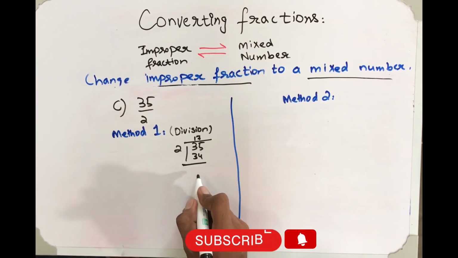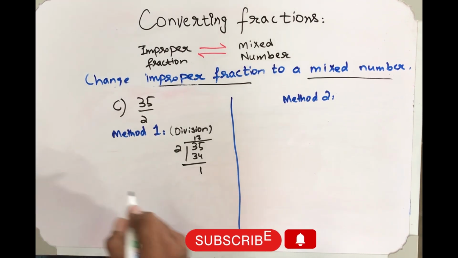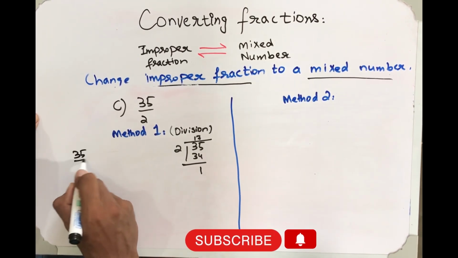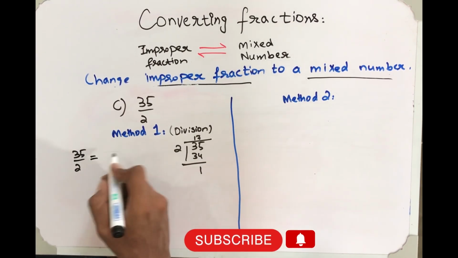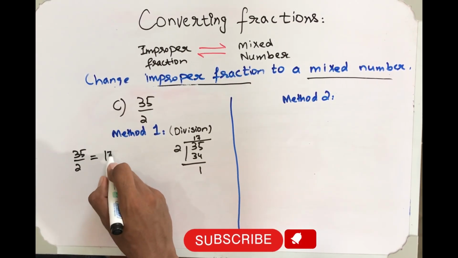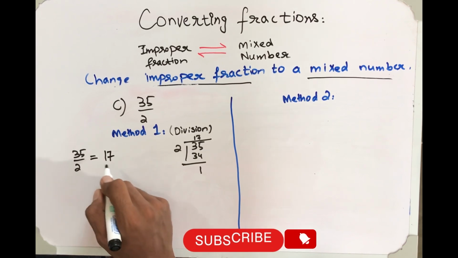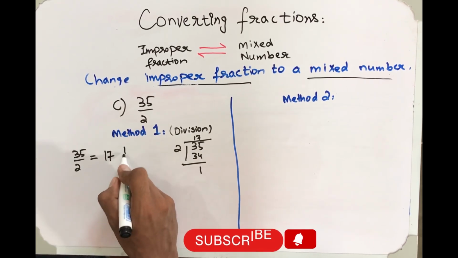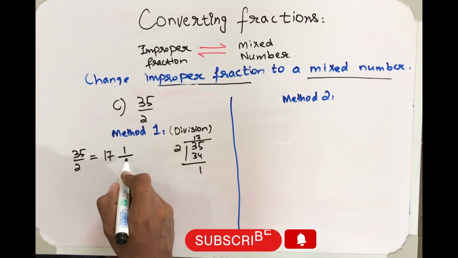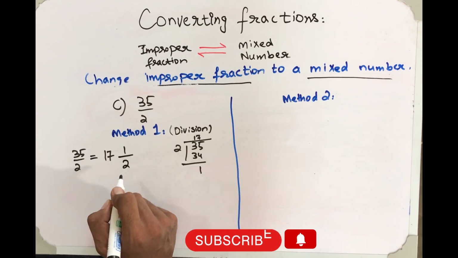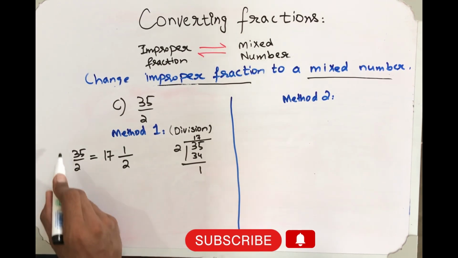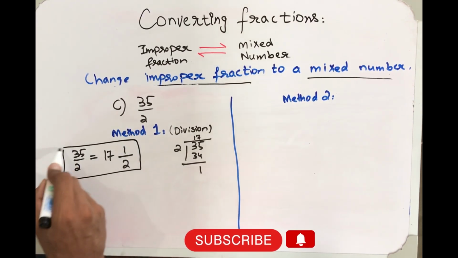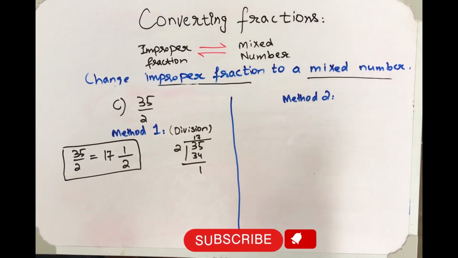So 35 subtract 34 equals 1. So now we can write the improper fraction as: our whole number will be our quotient, 17 whole, and 1 is our numerator, that is the remainder, and 2 is our denominator.